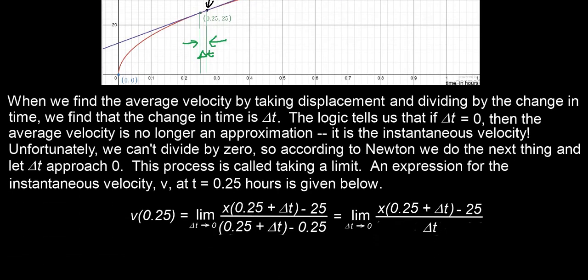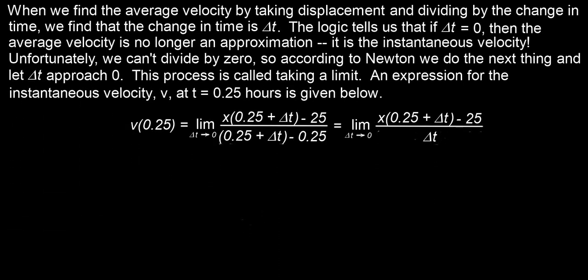Again, we want delta t to be 0, but we can't do that, right? Here's the expression for the average velocity. It would be the displacement, or the position at 0.25 plus delta t minus the position at 15 minutes, which is 0.25, over the change in time. We can't let delta t be 0 because we then have a divide by 0 mistake.